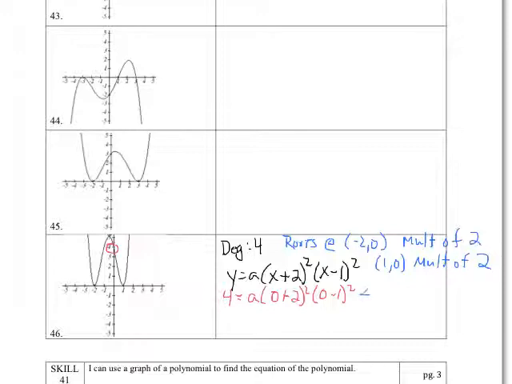So a equals 1, so our final equation is y equals 1 times x plus 2 squared times x minus 1 squared. And no, you don't need to write this one, but by putting it there, it does show that you've given thought to the value of a.